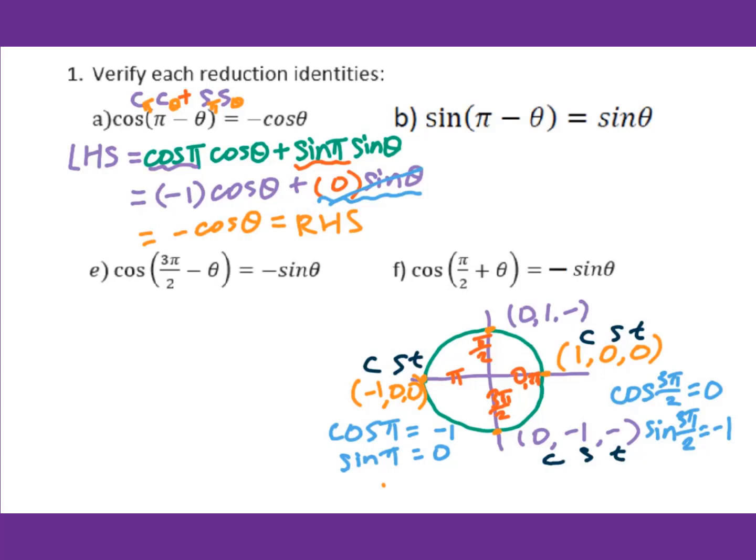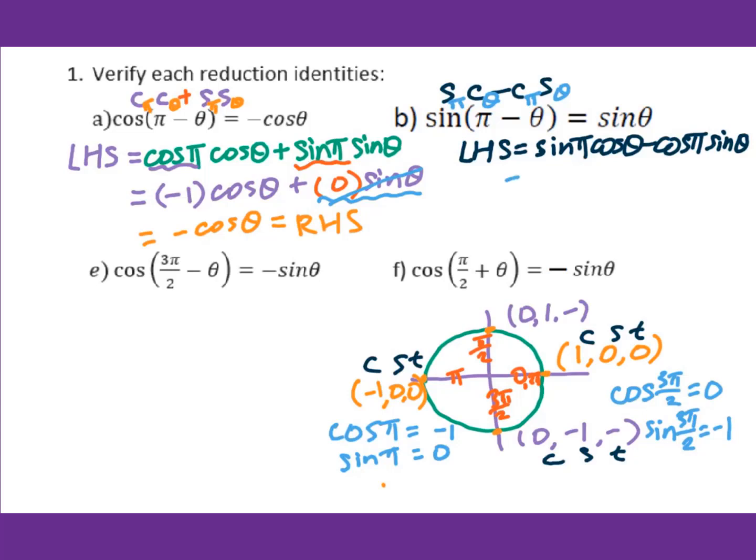Let's go to B. For sine, this is subtraction. We have SC, CS, same sign. Do the pi, theta. We got left hand side equals sine pi cosine theta minus cosine pi sine theta.